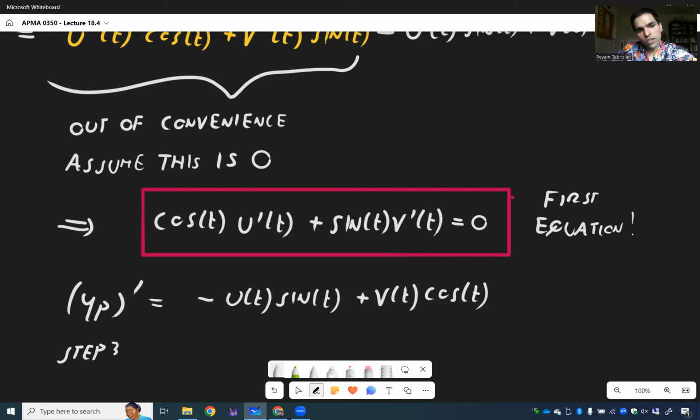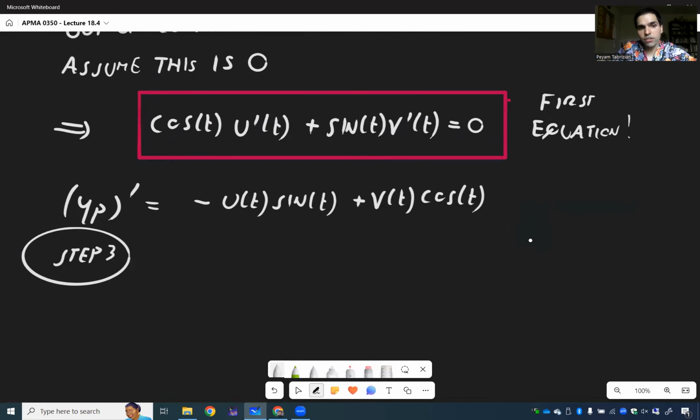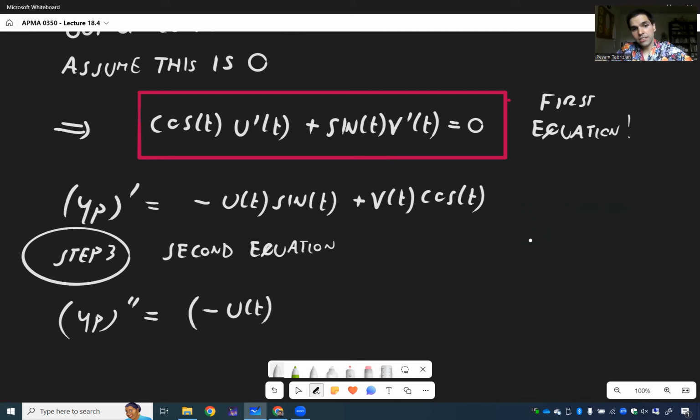And now we want to derive our second equation, where we have to look at the second derivative terms. So let's look at yp double prime. And that becomes minus u of t sine of t plus v of t cosine of t prime.